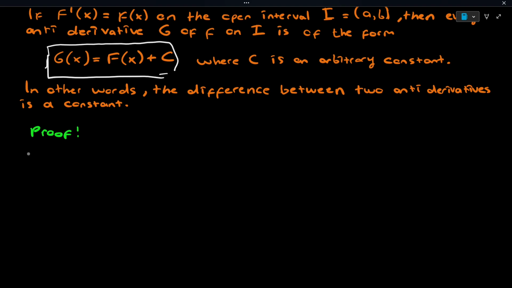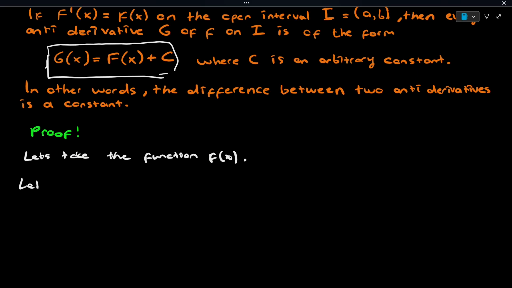I will start by taking a function f of x. And now I'm going to take two antiderivatives for f of x. Of course, we are accepting that it's differentiable.